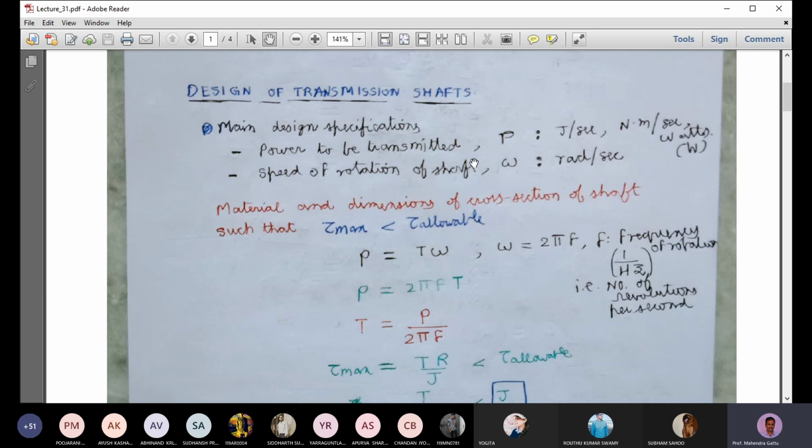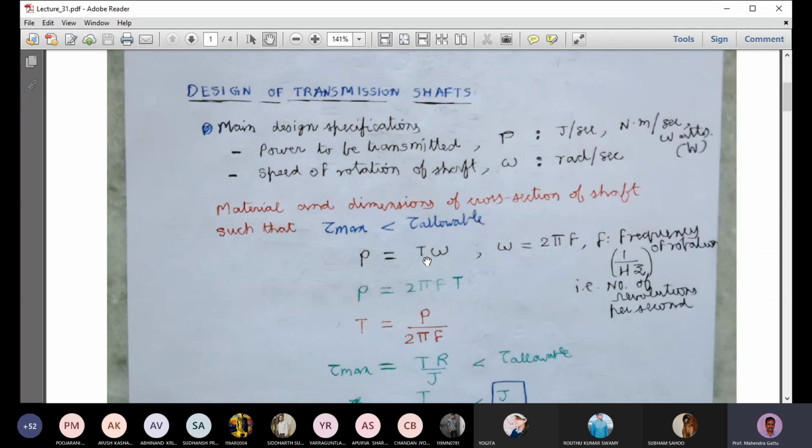If you remember, work done per unit time is given as force times velocity. For shaft problems, we relate the power with force times velocity. Instead of velocity, we have the angular velocity of the shaft, omega, in radian per second, and instead of force, we have the torque.